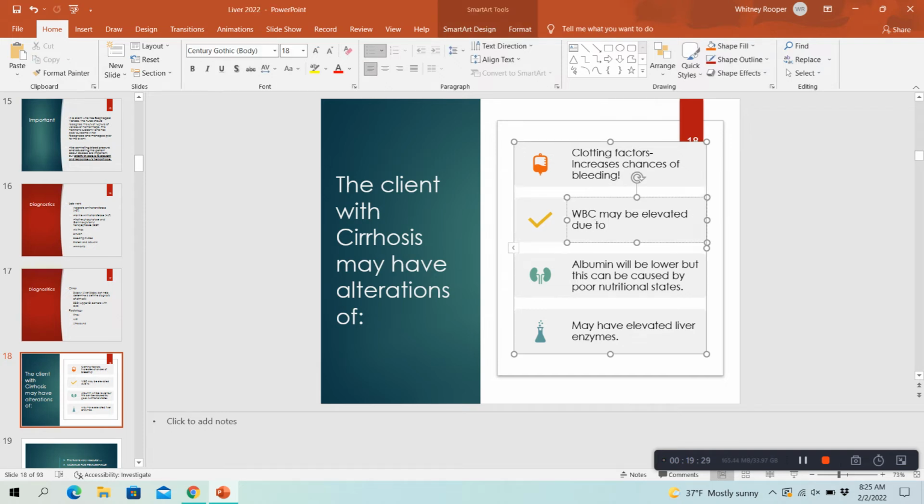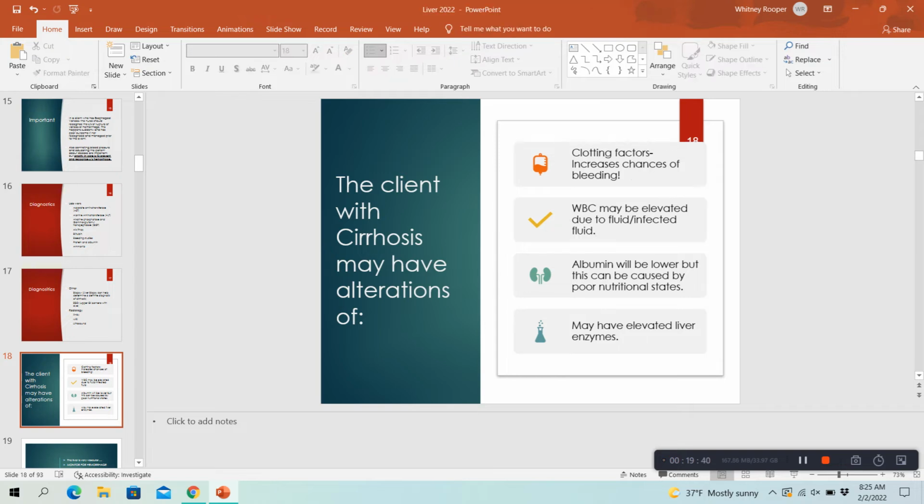Albumin may be low, but it's because of their poor nutritional status. And elevated liver enzymes, which is your ALT and your AST.